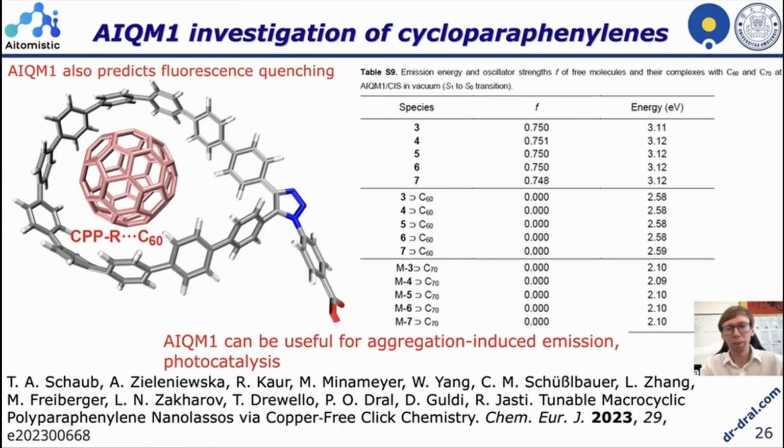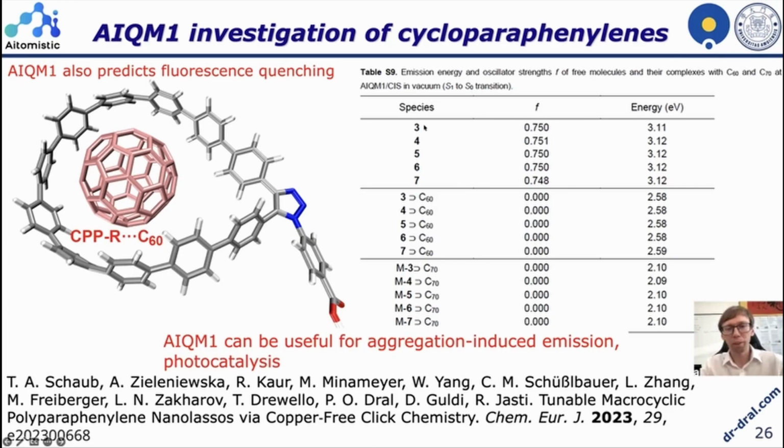I was talking about ground state mostly, while we also have big interest in simulating excited state properties, including fluorescence, and AIQM1 can also do it because it's based on semi-empirical methods, which provides you access to everything which semi-empirical methods have, like wave function, and can calculate also excitation energies, oscillator strengths, transition dipole moments.